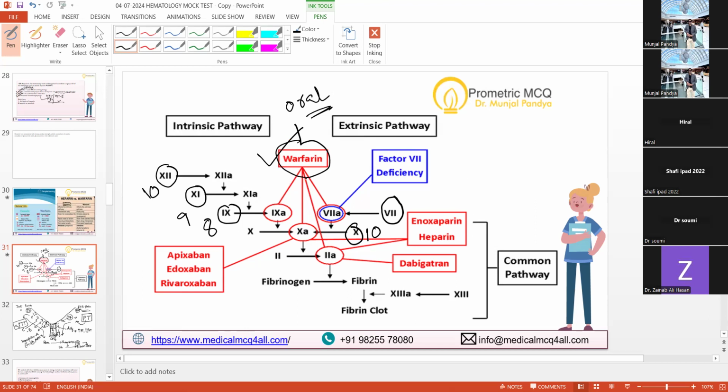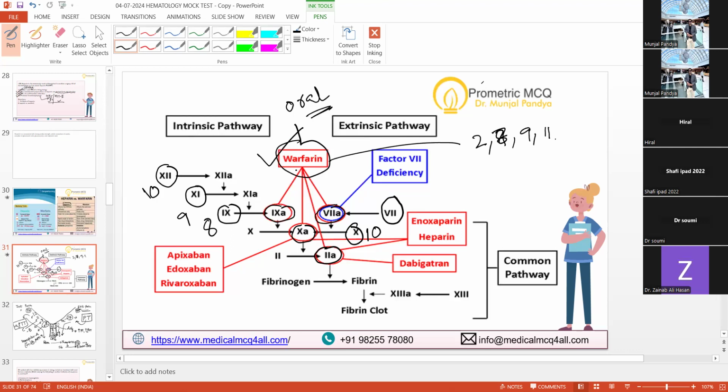So basically you need to know where warfarin acts. There are four factors. Warfarin acts on 2, 7, 9, and 10. Sorry, 2, 7, 9, and 10.